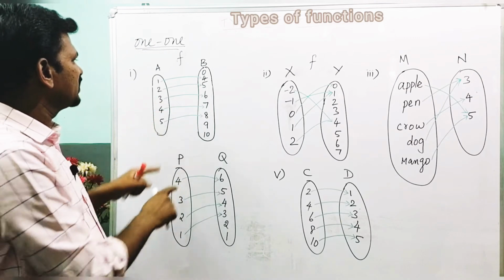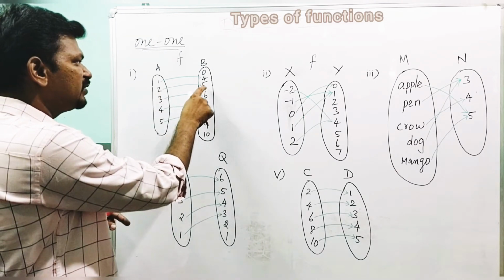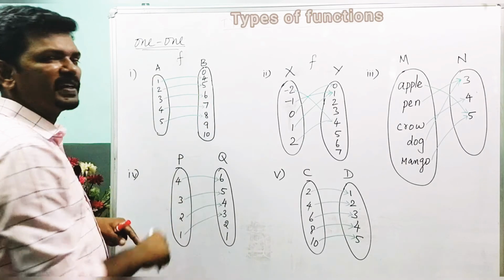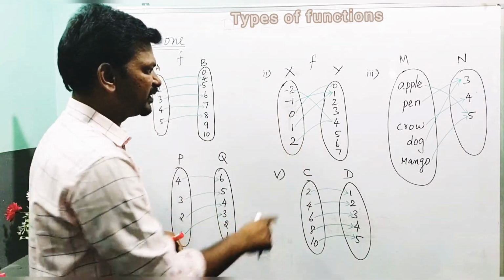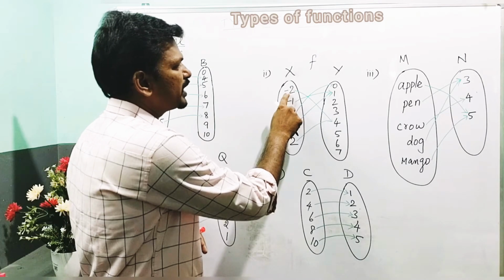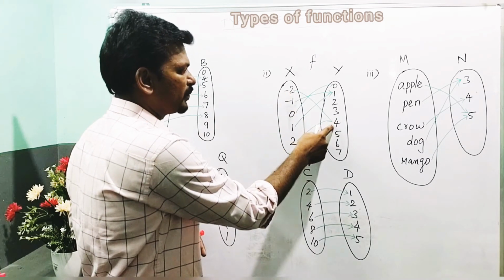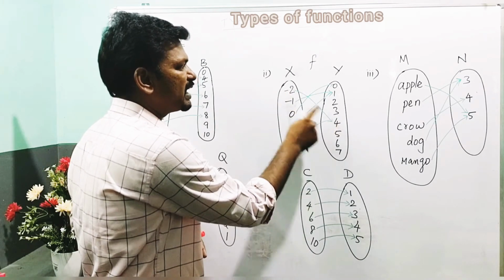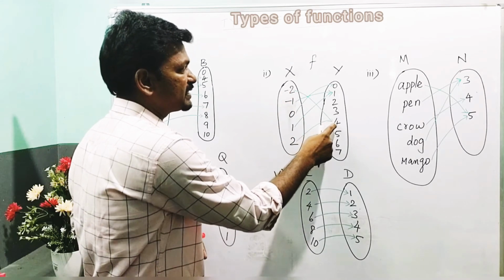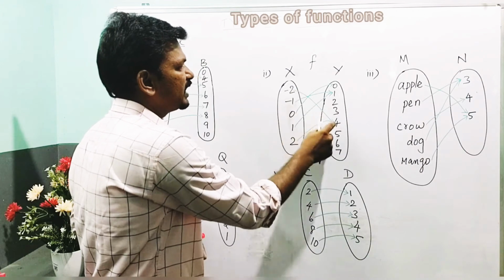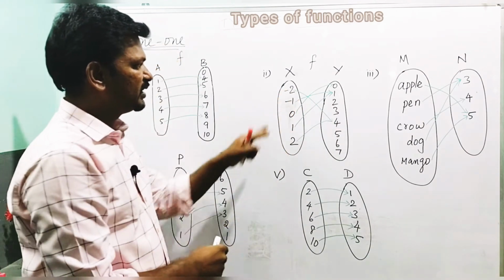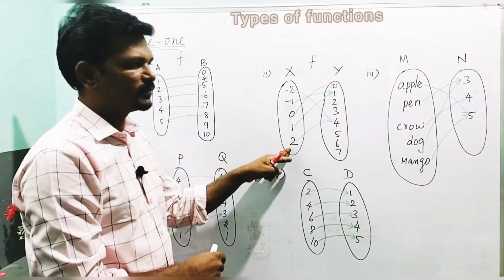If you check, this has only one image, and this 5 has only one pre-image. If for example you look here, -2 has only one image which is 4, but 4 does not have only one pre-image, it has two pre-images, -2 and +2.